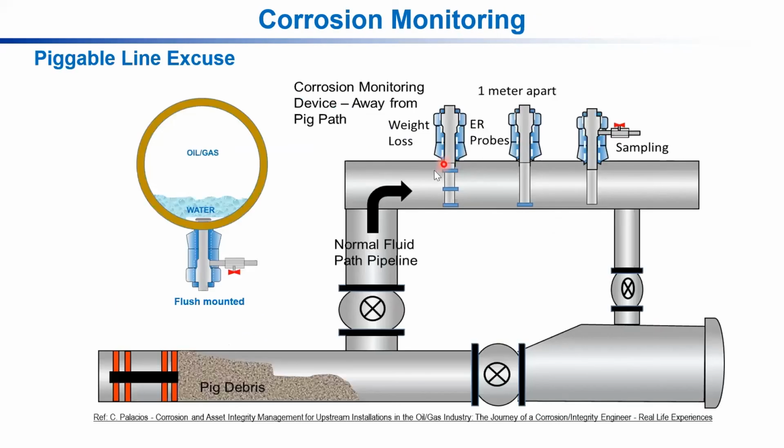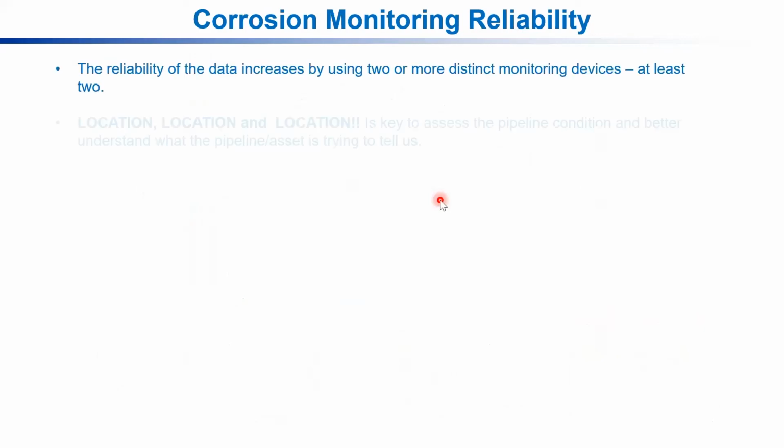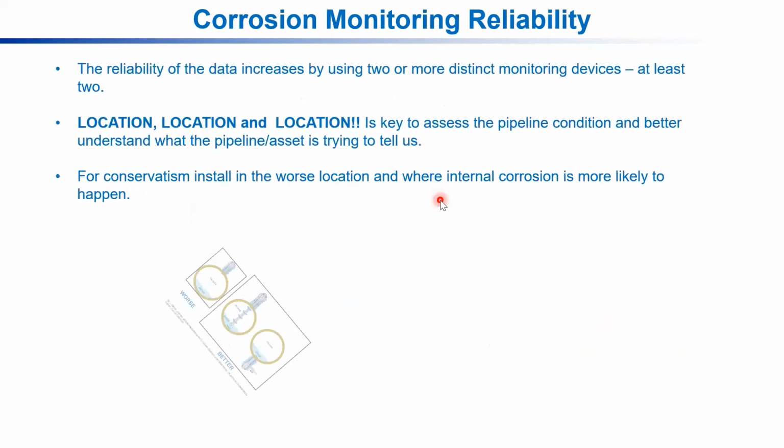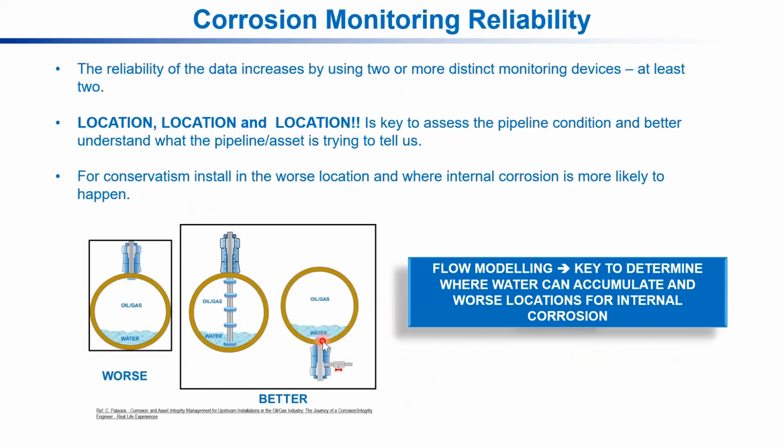Or to make it a little bit more challenging, whenever you run a pig, take it out, which I don't recommend because you may forget, and then there goes your monitoring, or your line is no longer piggable. Or you can put them on the bottom of the line, as I mentioned. Once again, flow modeling is key to determine where water will accumulate, and then we can install our systems in the worst locations.